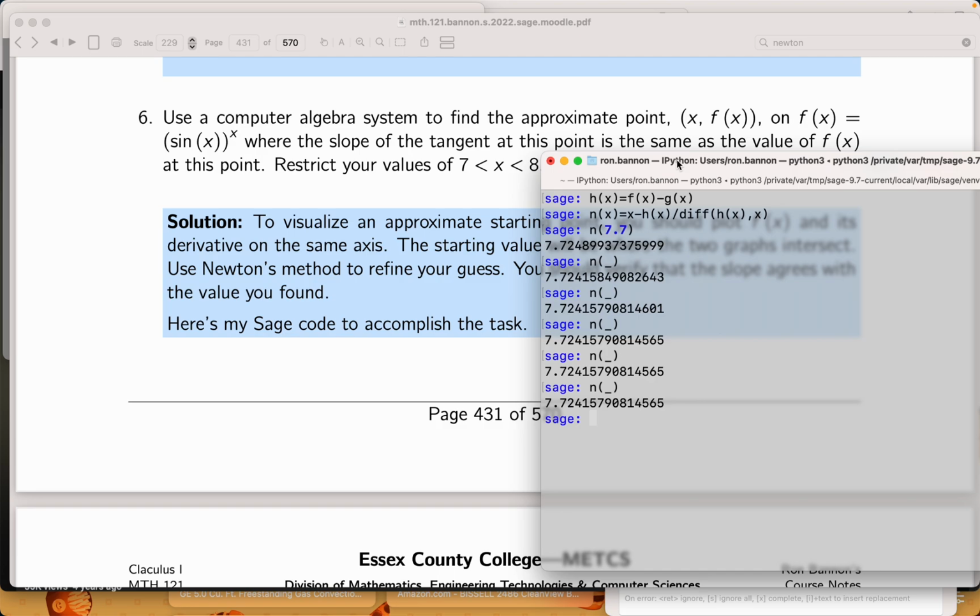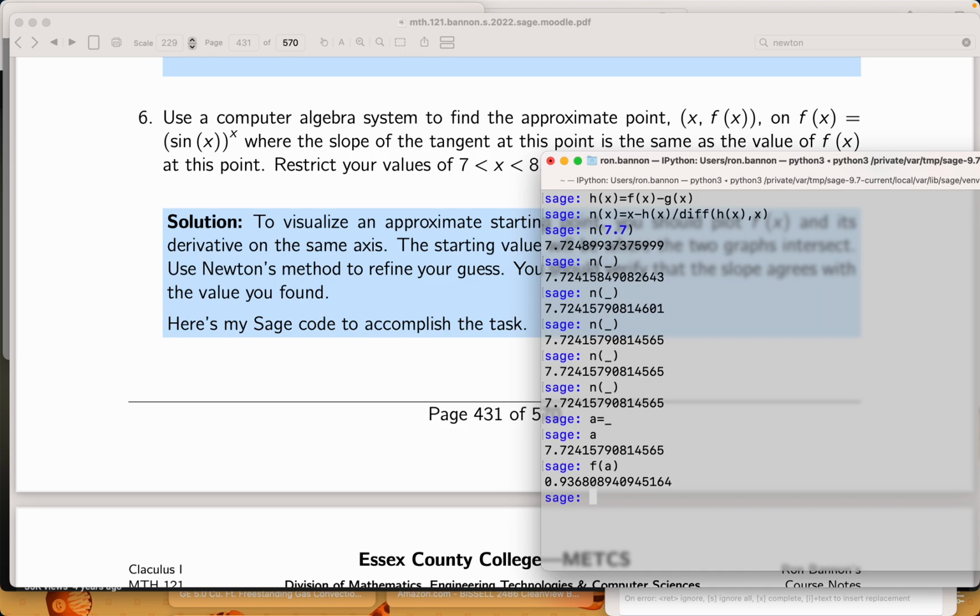What I'd like to do though is understand the point. I'll assign it to a letter, A. A is going to be assigned that number. Let me just do f of A. F of A is that number, the value of the function there.